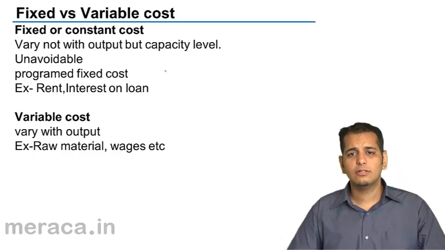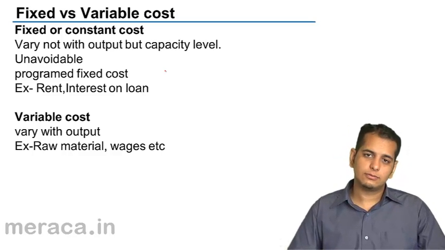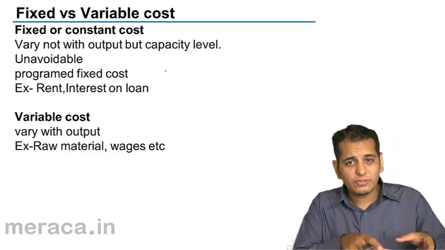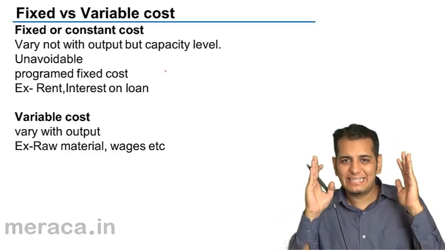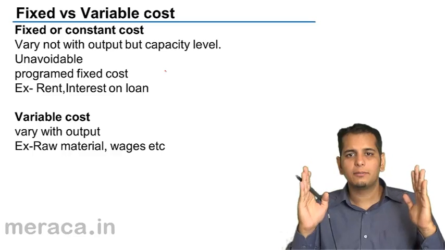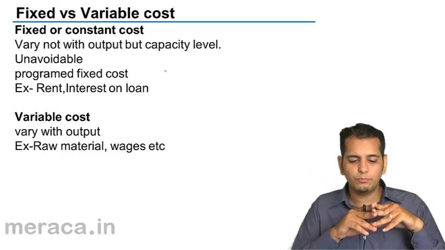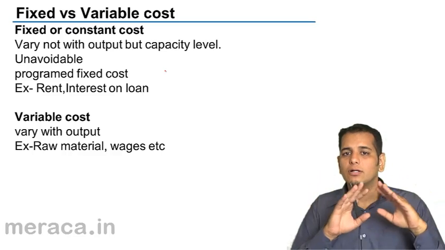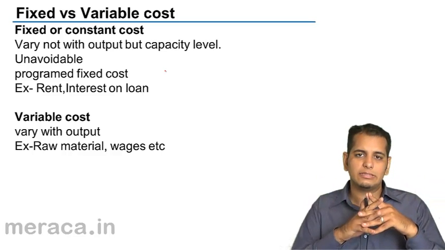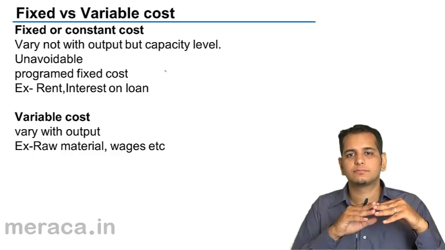Fixed costs are called constant cost. They are called fixed cost or constant cost because they remain fixed. They remain constant. Whatever be the amount of output, they will not change. They will not vary.